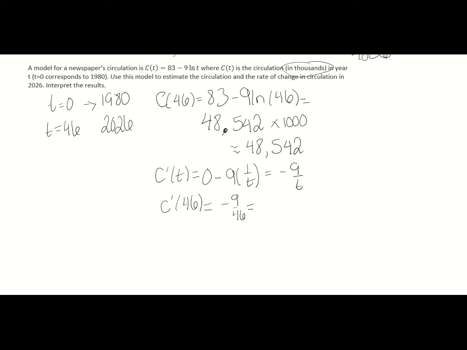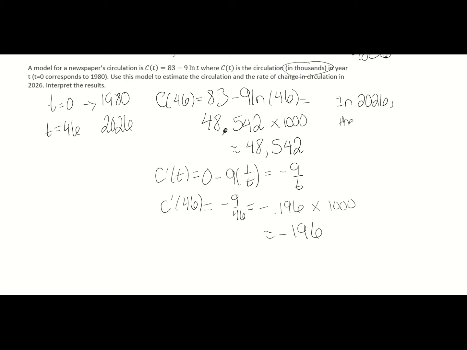Again, that's going to give you a decimal here. And when you do that, you're going to get negative 0.196, but then you multiply by 1,000 because it's measured in thousands, and that's going to give you about negative 196.